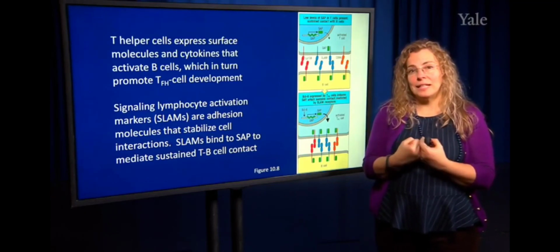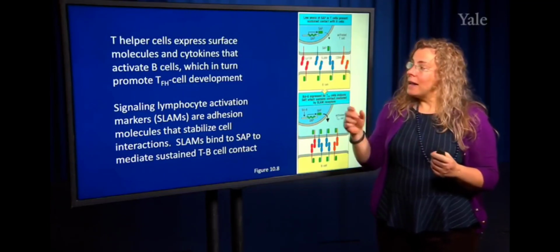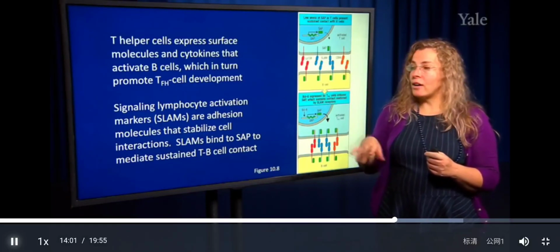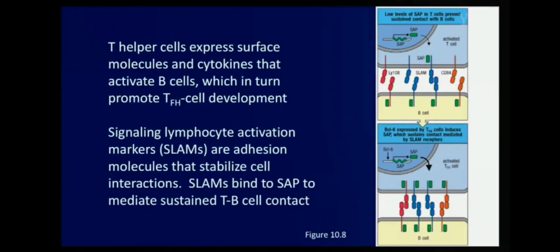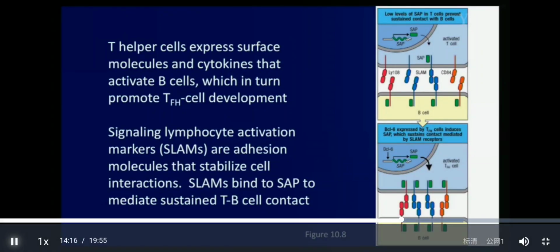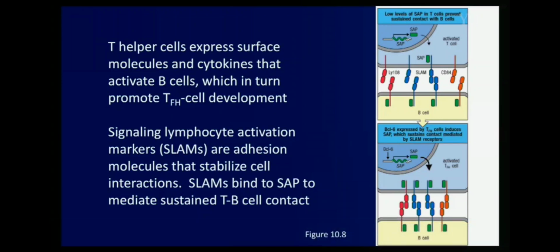So both B cells and T cells express integrins that are called SLAMs, for signaling lymphocyte activation markers. The B cells are always expressing these, and the T cells are as well, but these two integrins can only stick together when there's another helper protein called SAP, for SLAM-associated protein.